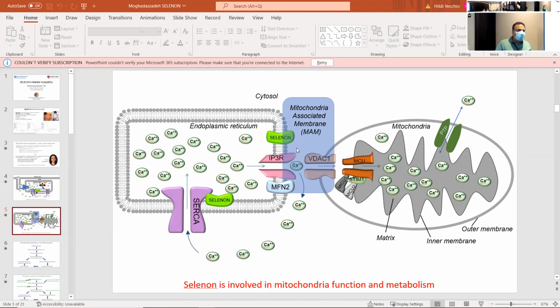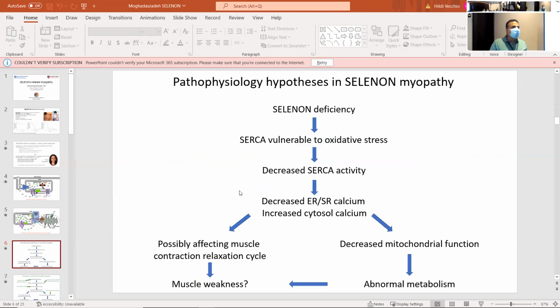And it has been shown by Ester Zito's lab that SELENON is also present in areas of the reticulum where you have close contact between mitochondria and the reticulum. In the absence of SELENON, the mitochondria move a little more away and are not as active as they should be. So all this brings us some hypotheses about what we can do.